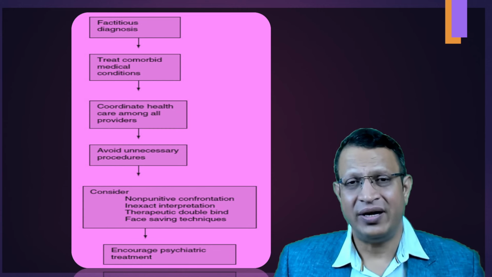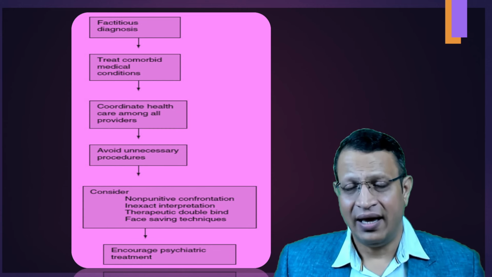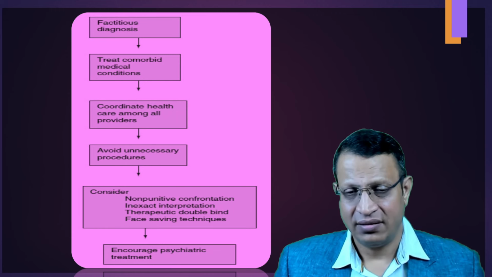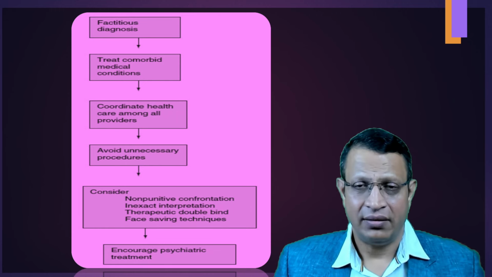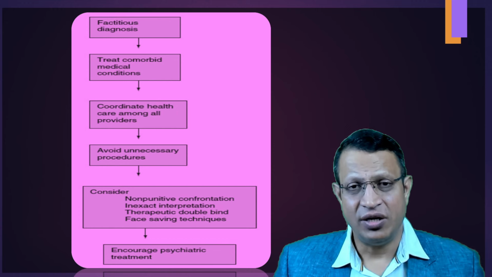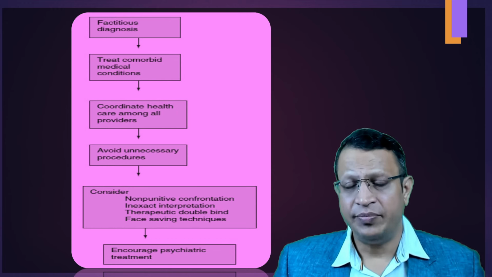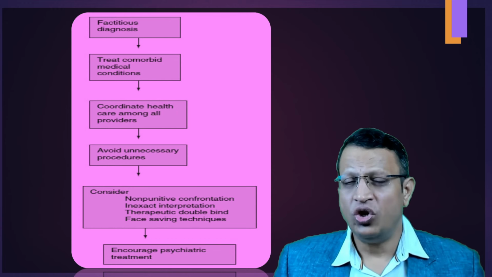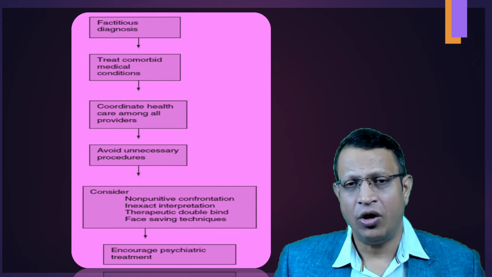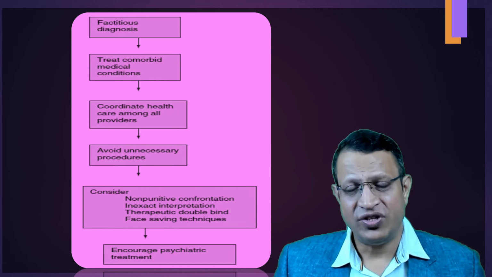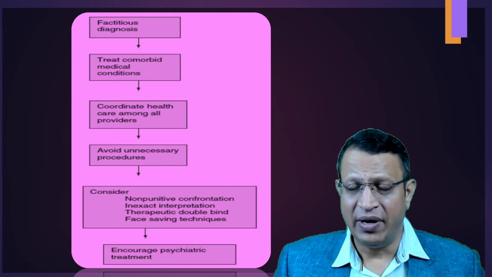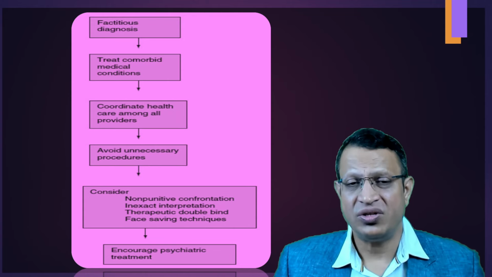Hence, you need to help them to understand there is a healthy way of coping skills that need to be inculcated. Hence, engage them in treatment, ask them to come once a month to see a specific doctor. Don't allow them to go from one doctor to another doctor. Avoid making investigations. Involve the family members in the treatment of Munchausen syndrome.